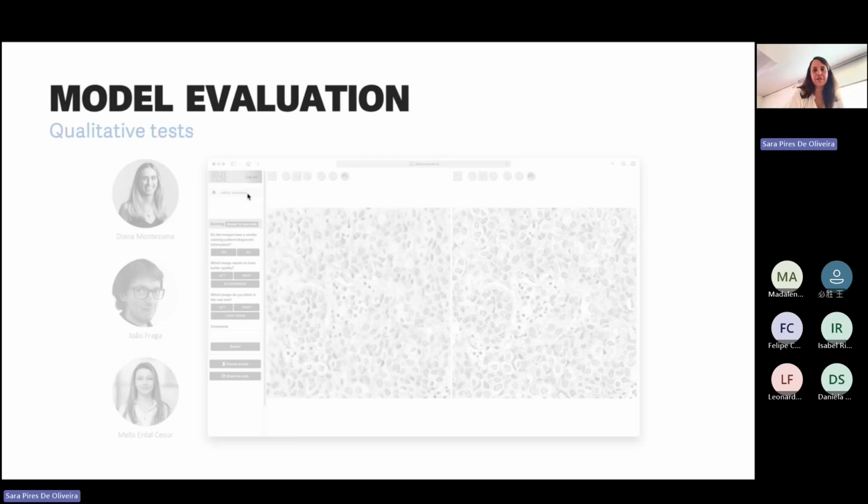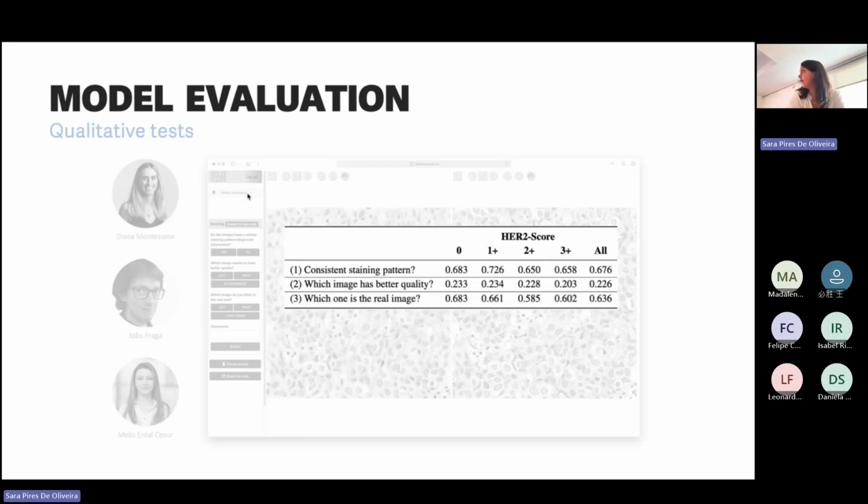From the results, what I will present is based on a consensus. So for the first, it means that at least 2 pathologists have to agree on the answer. And for questions 2 and 3, it is the proportion of times that they choose the generated image, right?